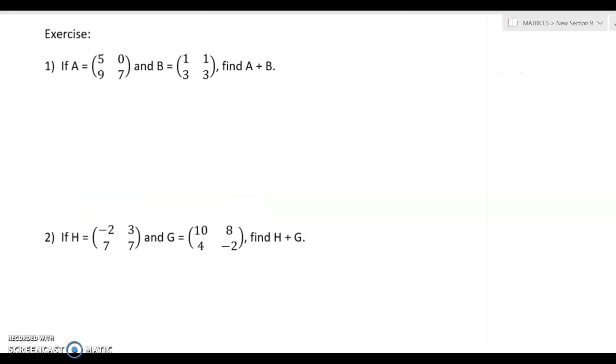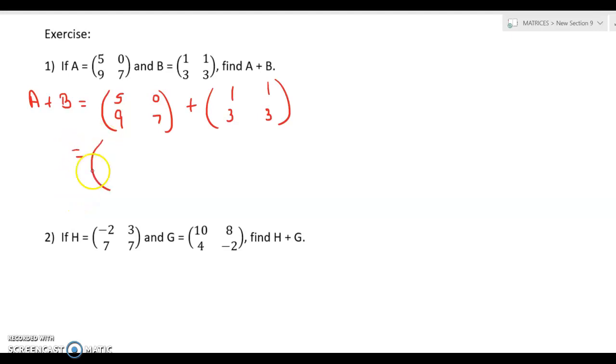Alright, so here we have our exercise, 4 questions. Pause it, try the questions, come back to it, right? So first two we have addition of matrices. So let's go ahead and do that. So A plus B, right? So that's 5, 9, 0, 7 plus 1, 3, 1, 3. They both are the same order, both 2 by 2 matrices, 2 rows, 2 columns.